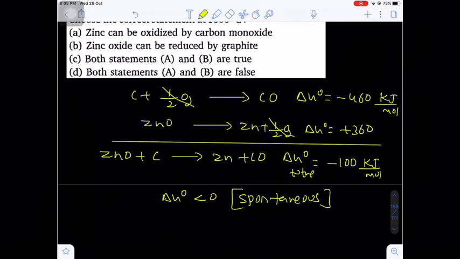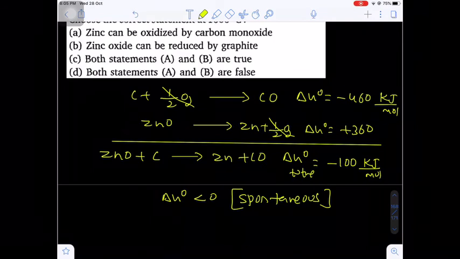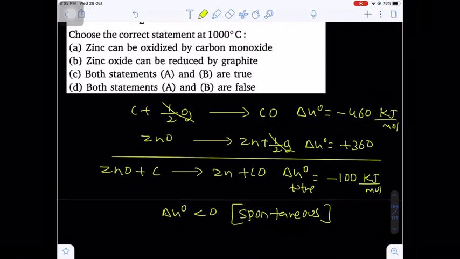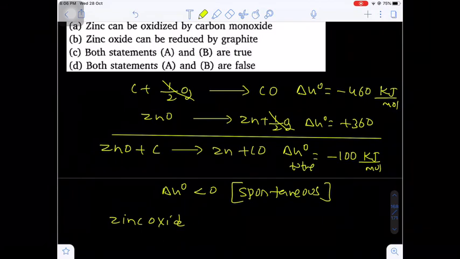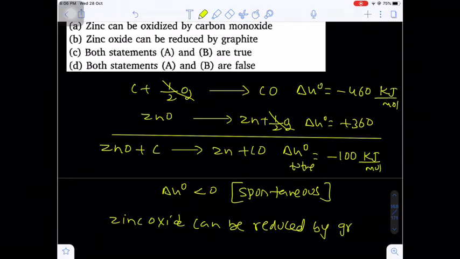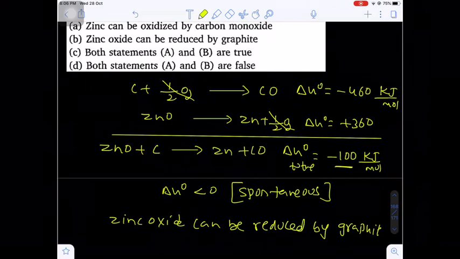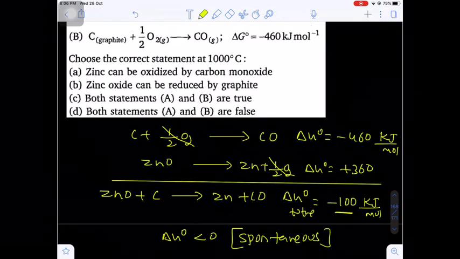But in this case, what happens? Zinc oxide gets reduced to zinc in the presence of graphite. That means zinc oxide can be reduced by graphite. Yes or no? Because the net reaction delta G naught value is negative, that's why the process is feasible.